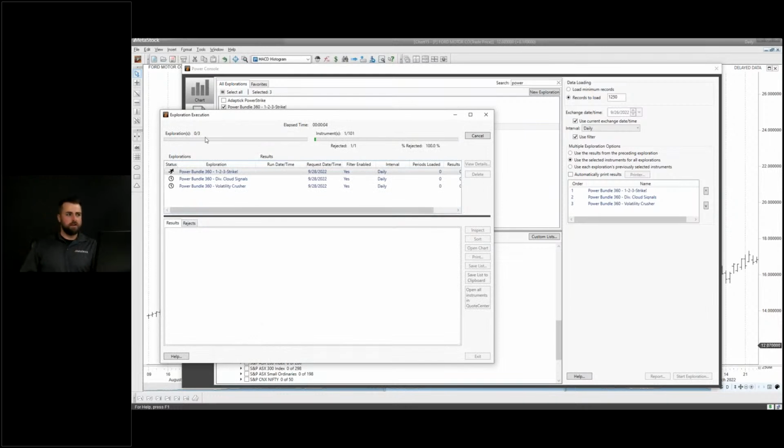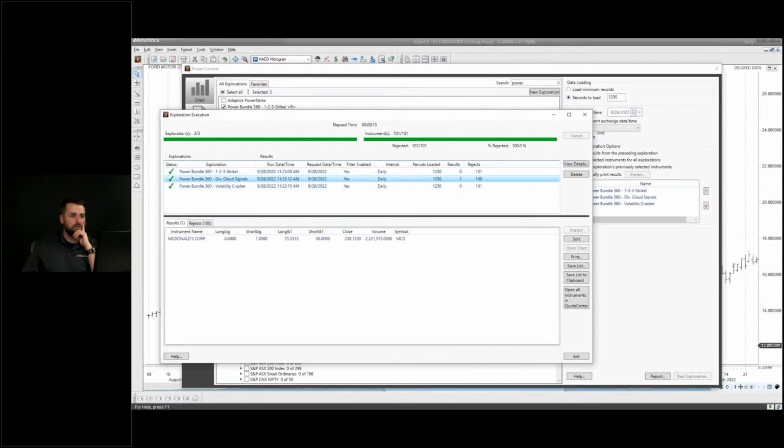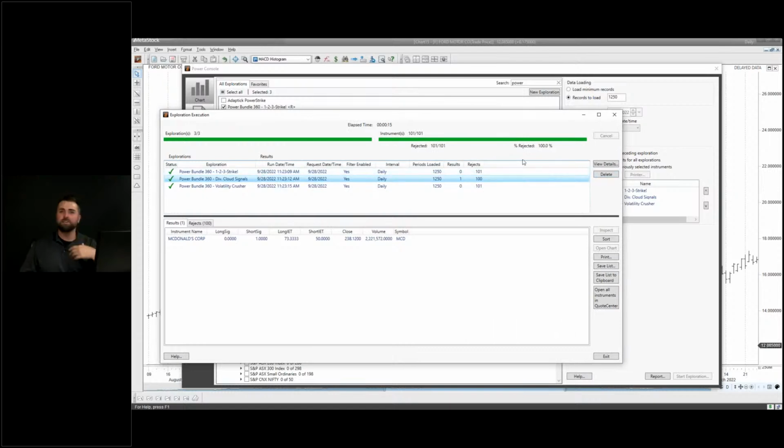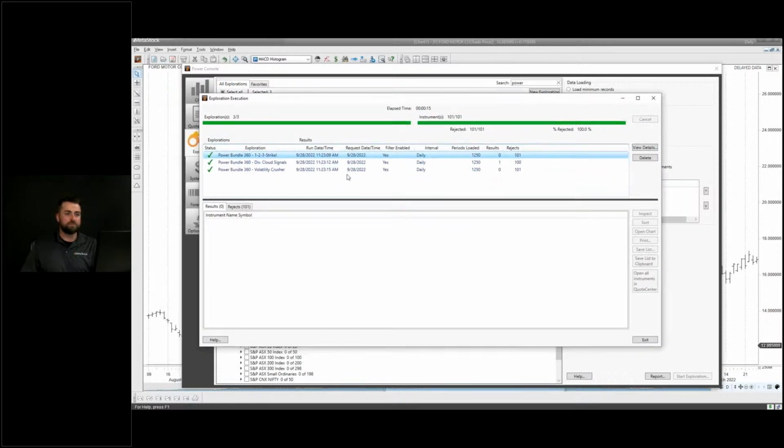Something new that you'll see here, now that I'm running multiple explorations at a time, it lists all 3 of them, and you can see the 1, 2, 3 strike is almost already done. Now that it's done, I can actually go into that one already. It's funny, actually, because I'm only testing the S&P 100, and this is looking for certain types of trades, I actually only got 1 result from all of those.